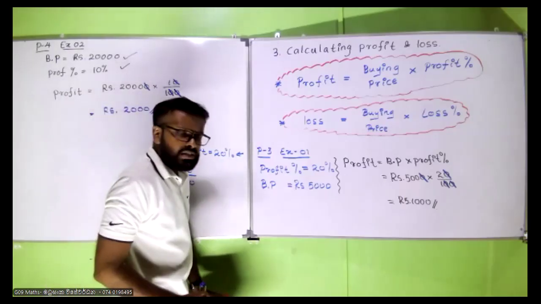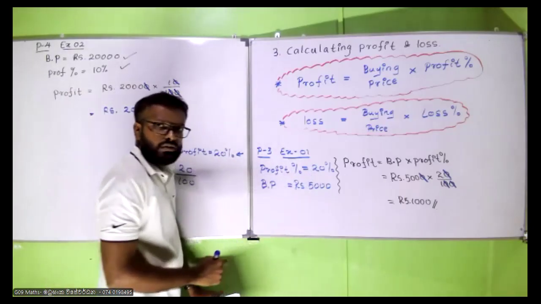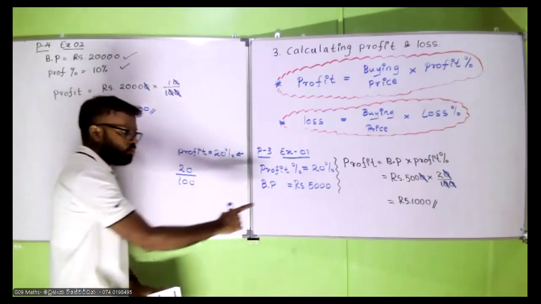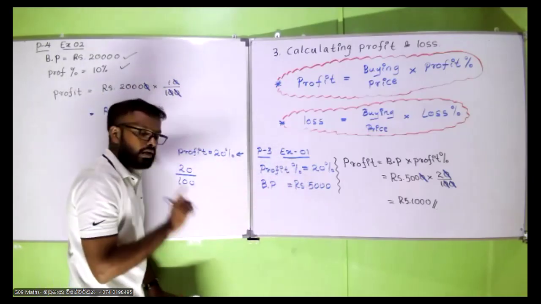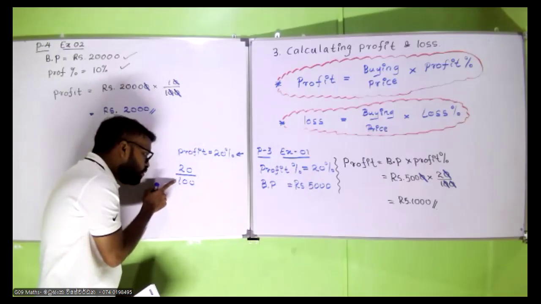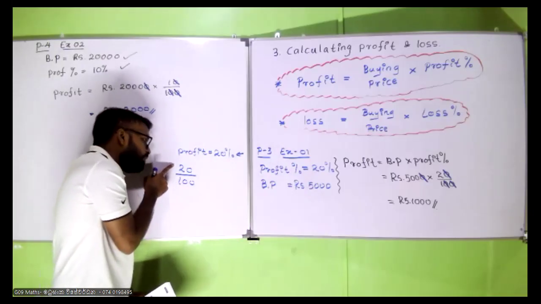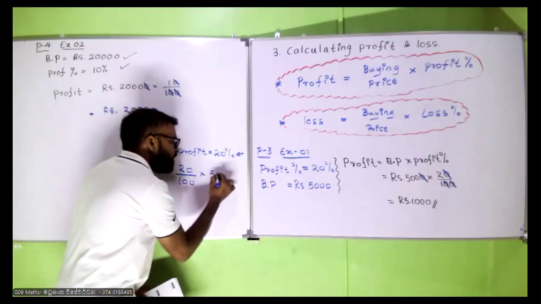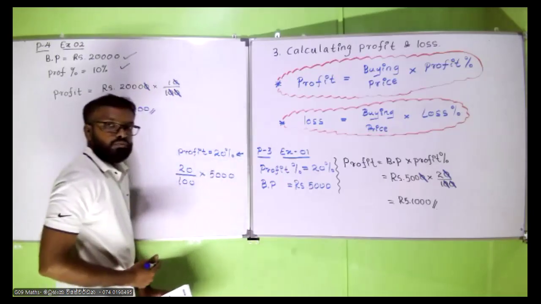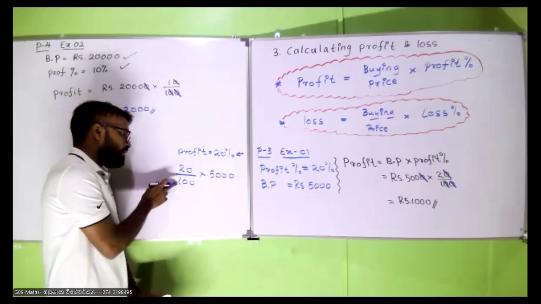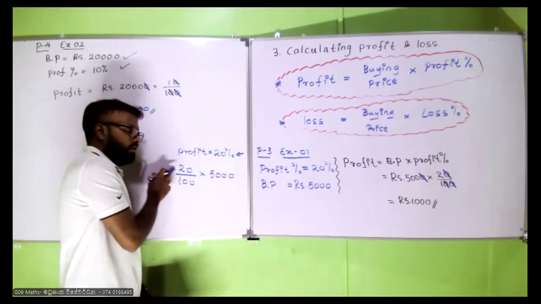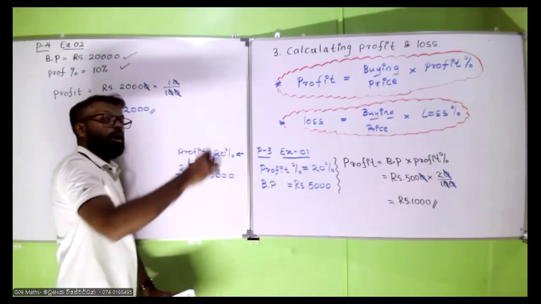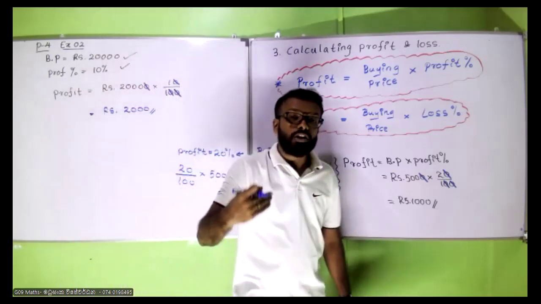And what is the buying price? 5,000. So you know the buying price as well, 5,000. Per 100 rupees, you are going to keep 20 rupees. For 5,000 rupees, how much are you going to keep with you?